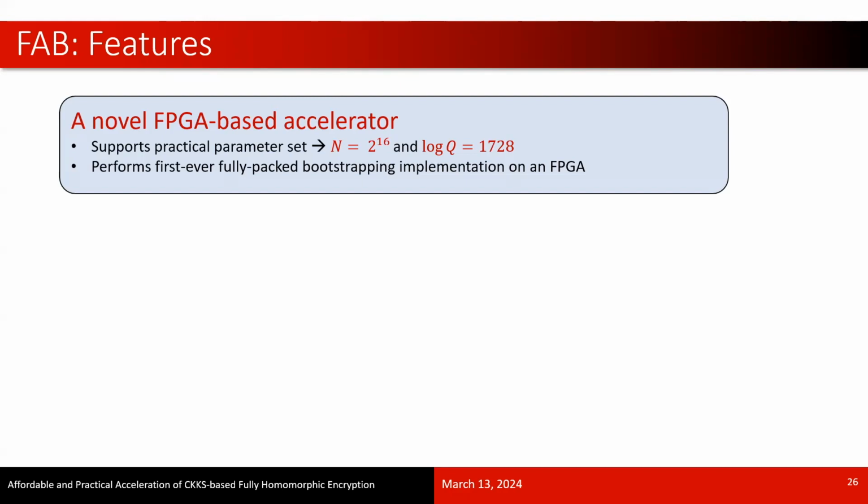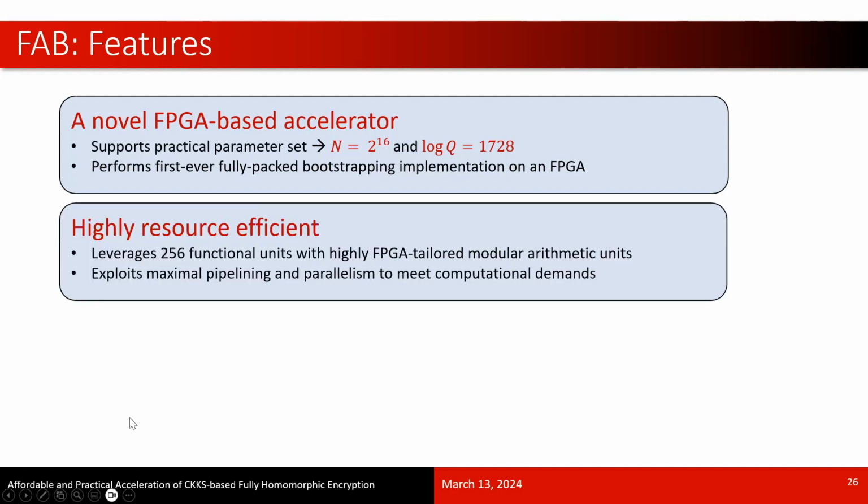So what I was saying is that we restrict ourselves to n equal to 2 to the power 16 parameter sets here, as opposed to the previous work that used 2 to the power 17. And this is just to minimize the ciphertext movement between the compute units and in memory. The FAB work implements a bootstrapping operation for the first time ever on an FPGA.